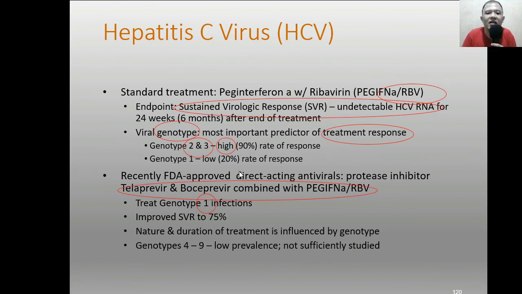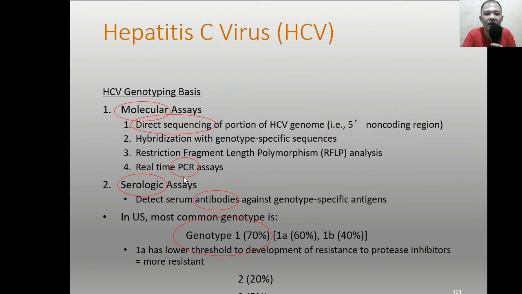The most resistant type of Hep C virus is genotype 1. And also, one thing, why don't we have vaccination against hepatitis C? It's because of the mutation of the hepatitis C virus.